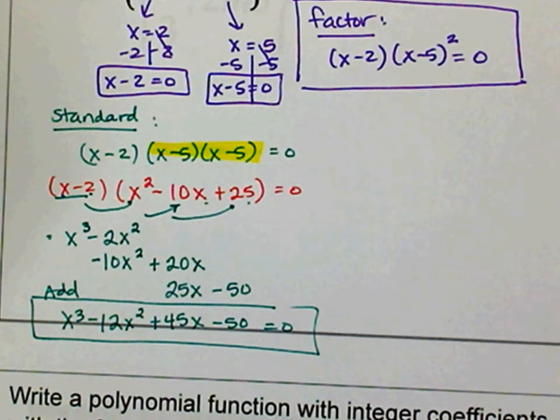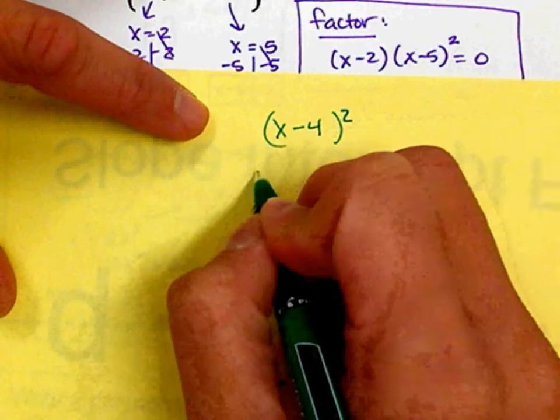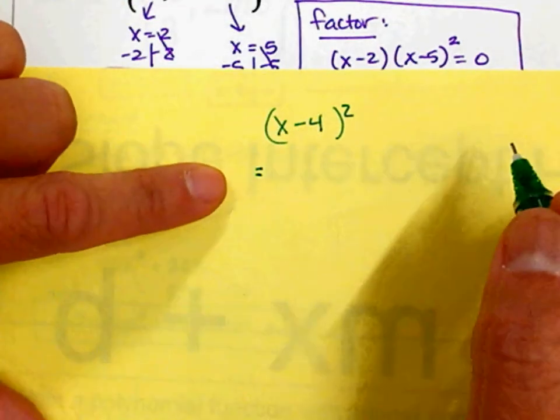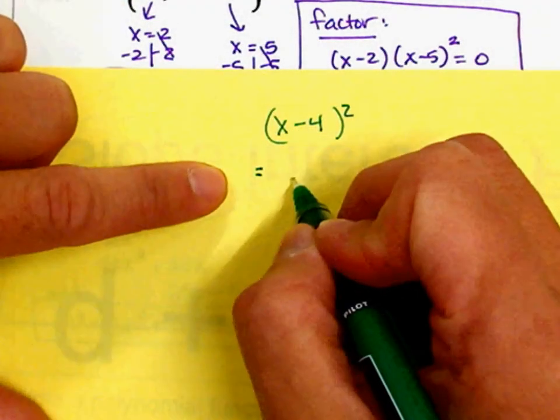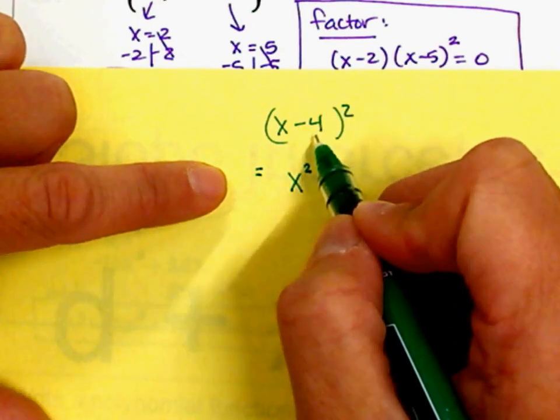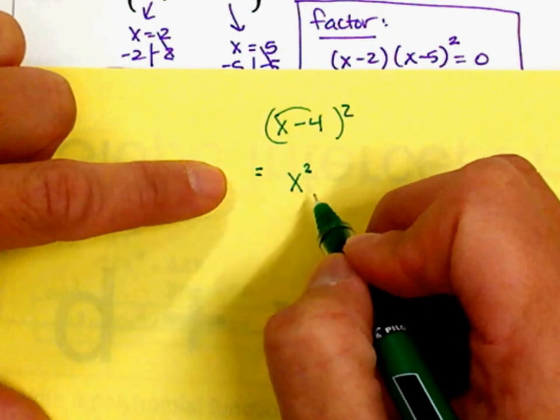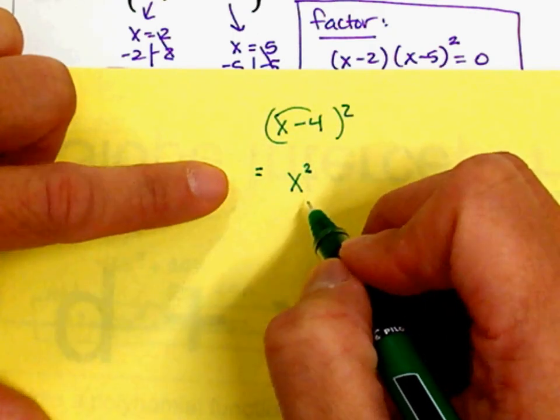Okay, I'm going to do a quick review with that part before we move on, okay? You guys ready? I want to do a quick review. All right, if I have x minus 4 squared, how would you write that in standard form? X squared. What's negative 4 times 2? Double.